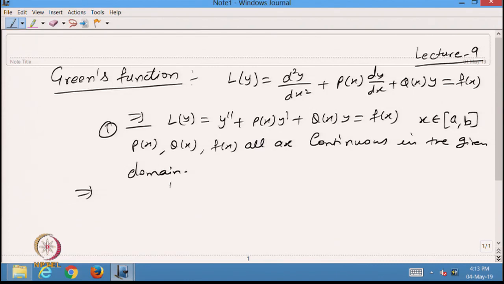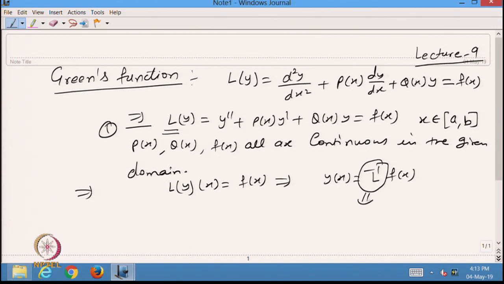So this equation I can write as L operating on y is equal to f(x), and if I want to solve this equation, I take the solution y(x) as L inverse f(x). Because L is a differential operator, this inverse will be the integral operator.